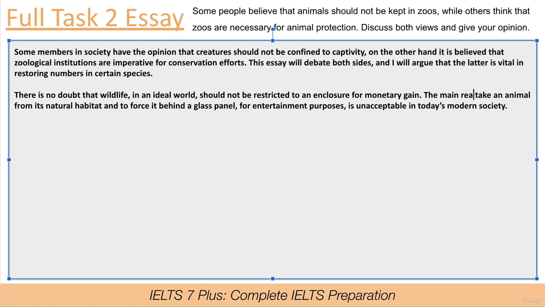Main reason being to take an animal from its natural habitat and to force it behind a glass panel, for example, for entertainment purposes, is unacceptable in today's modern society.